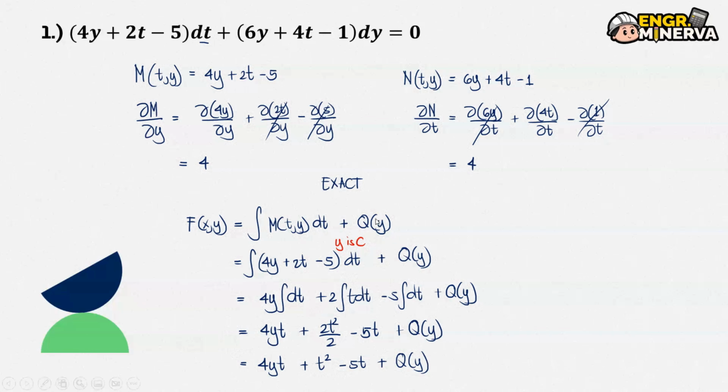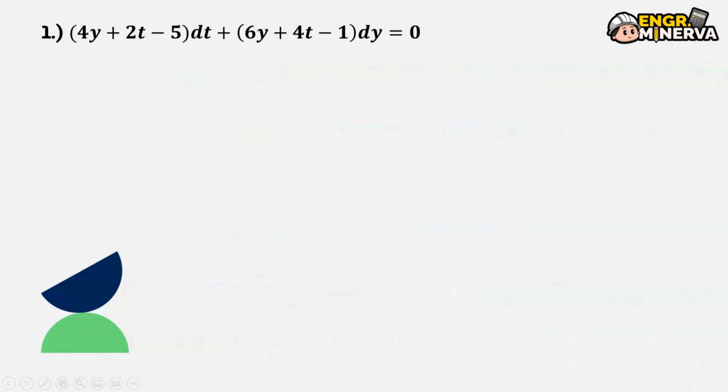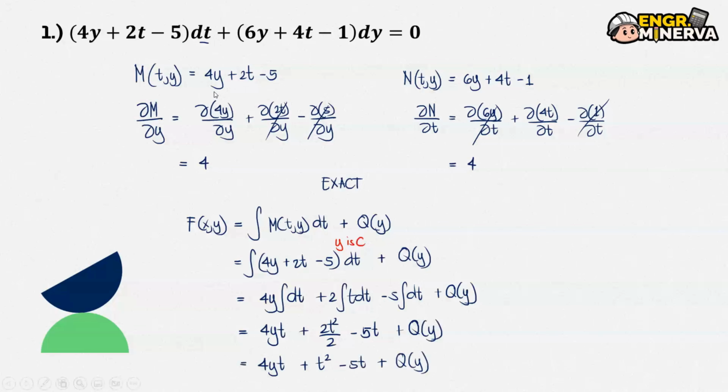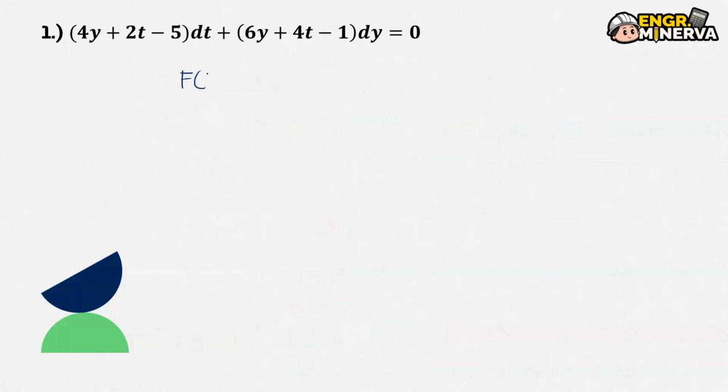Next, we will solve for the solution of N. That must not be a function of x and y, rather t and y. So the function of t and y would be equal to the integral of N as a function of t and y dy plus a function of t.